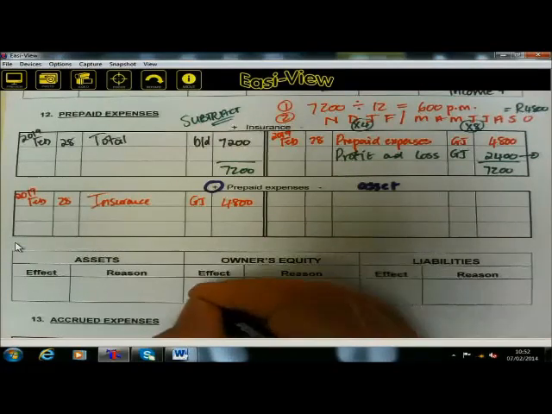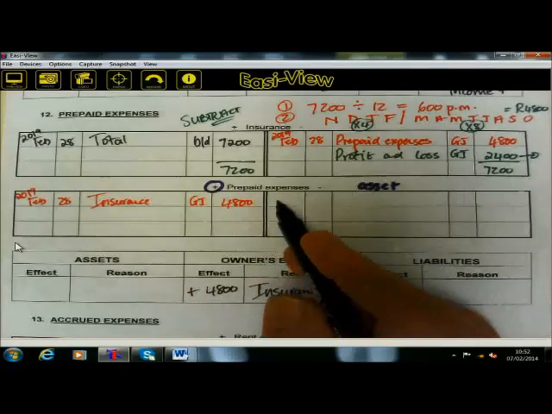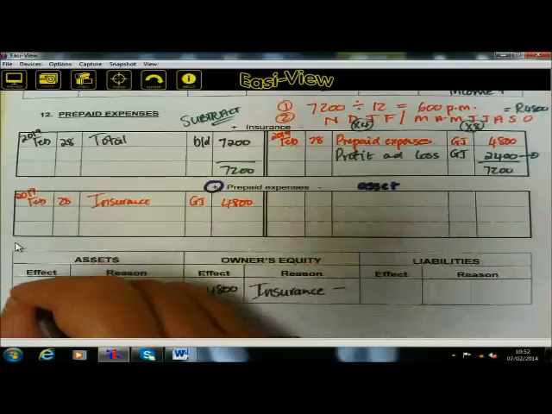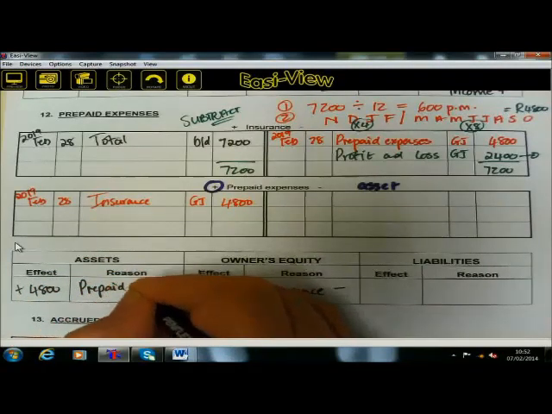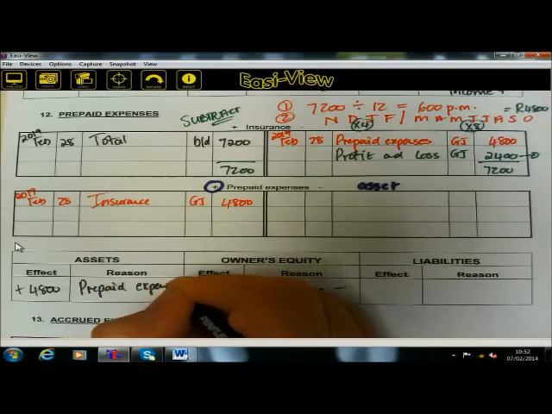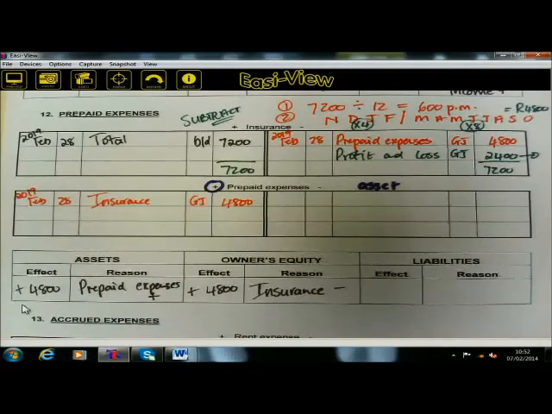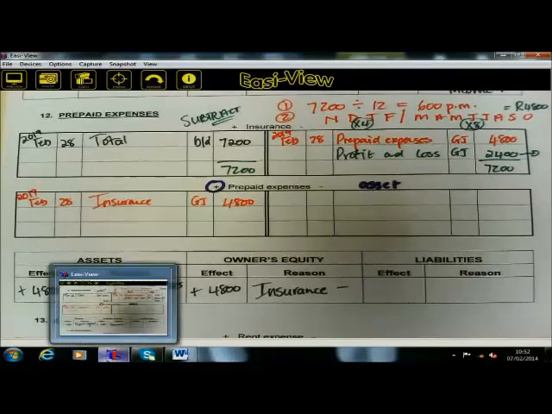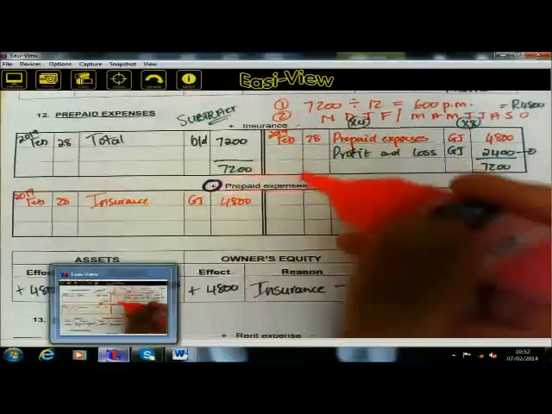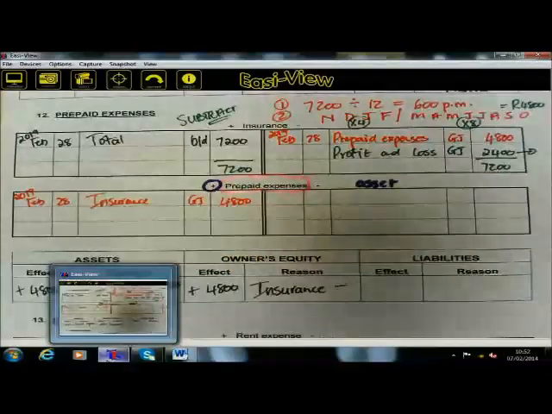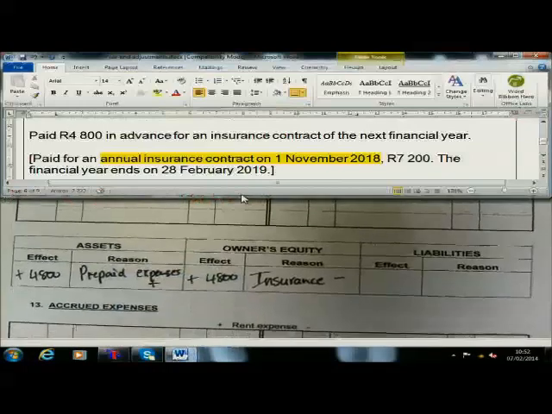Less expenses gives you a plus there. Prepaid expenses in assets, so it's a plus there. Prepaid expenses become more. And this is also one of the temporary accounts that we must do a reversal entry in the next financial year.